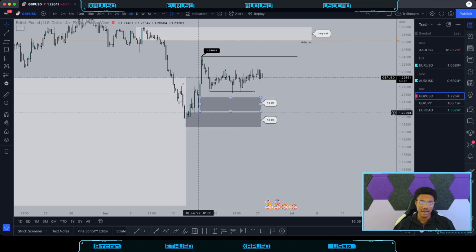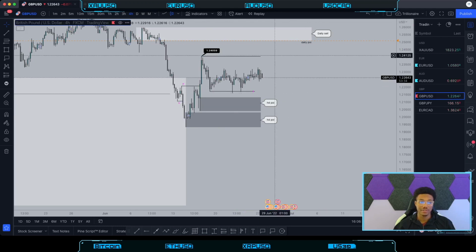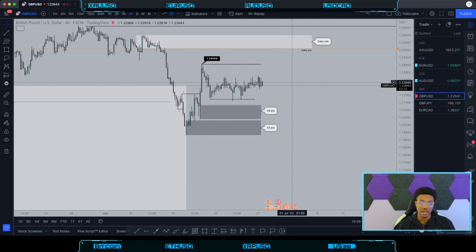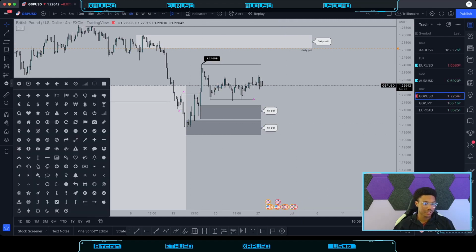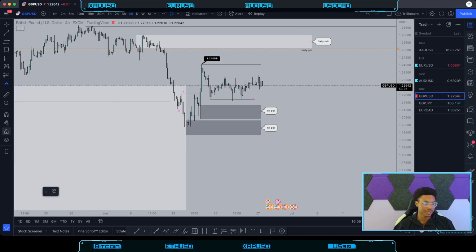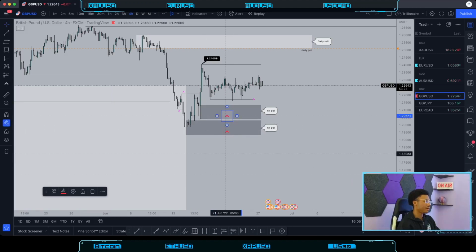So once price taps into these areas, I will be correlating this with my micro time frame in order to possibly look for an entry during a specific time of day. As you guys know, I do not sit on the charts and trade all day. There are specific times where I look for these trades to take place, right? So you guys can easily feel free to look for possible buy opportunities within these regions if you would like. One being here, second one being there, right?